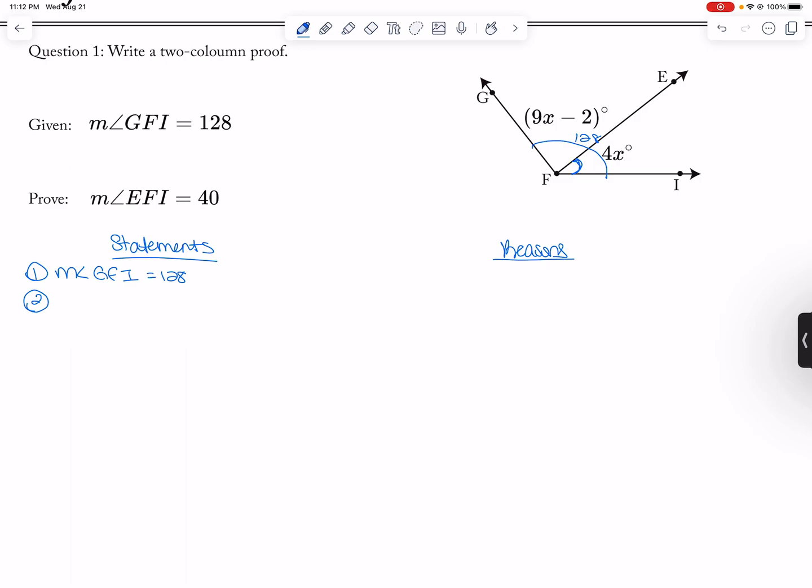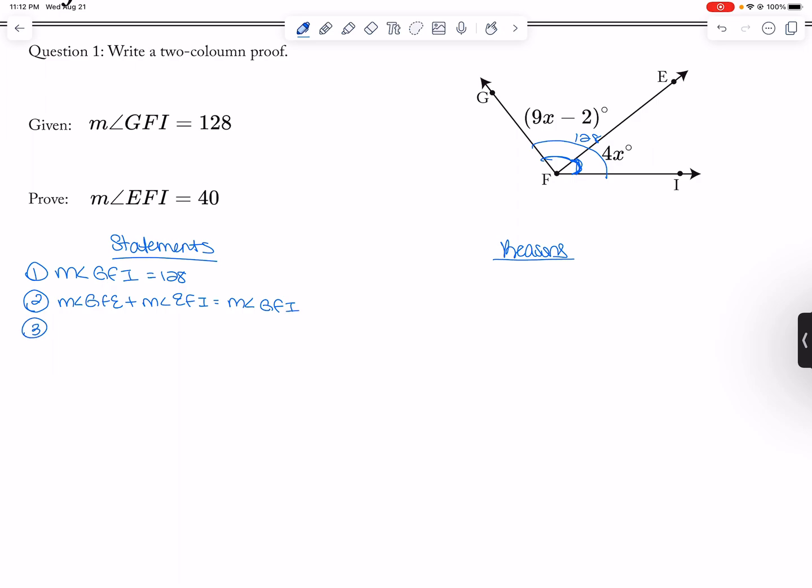But I know that the measure of angle GFE plus the measure of angle EFI, the one we're looking for in this one here, is equal to the measure of angle GFI by the segment addition postulate.